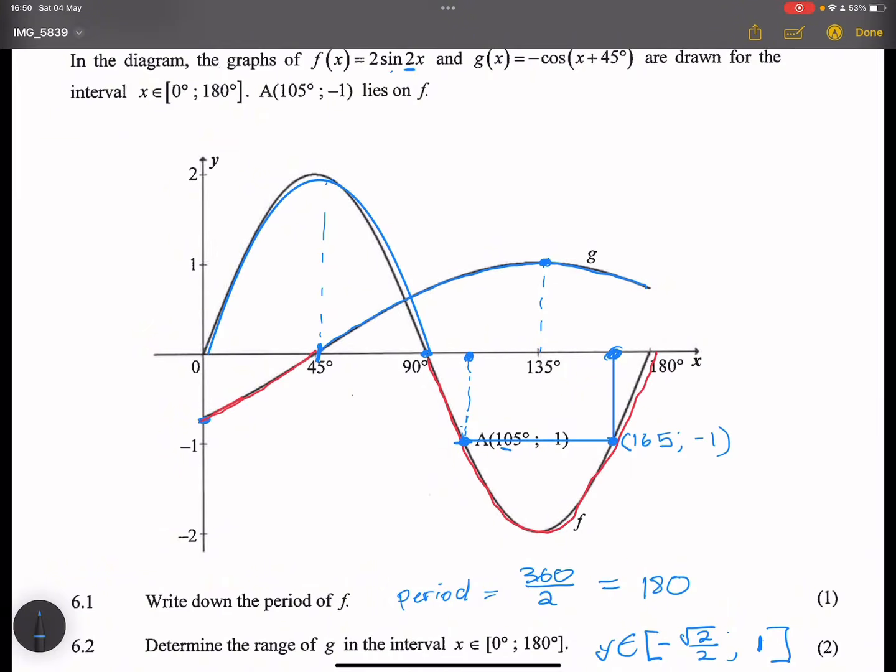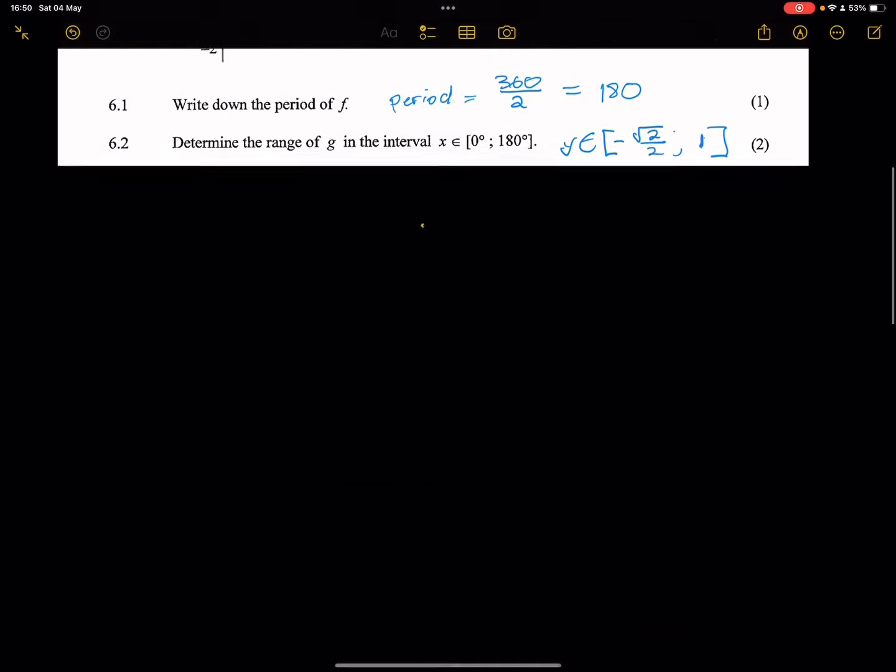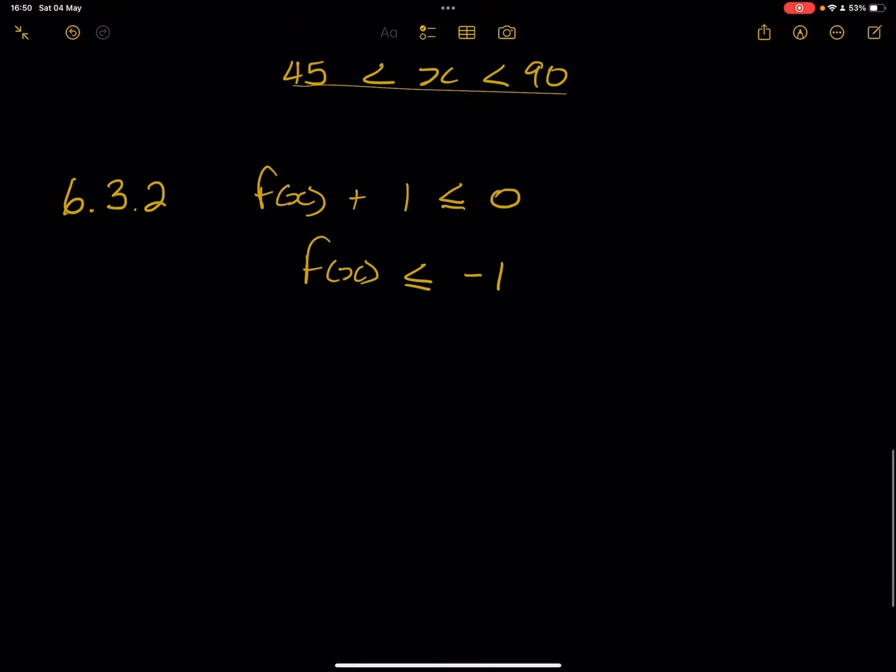So where is the graph less than -1? It's in this region over here, so x is an element of 105 to 165. We can write that down: x would be an element of 105 all the way to 165.